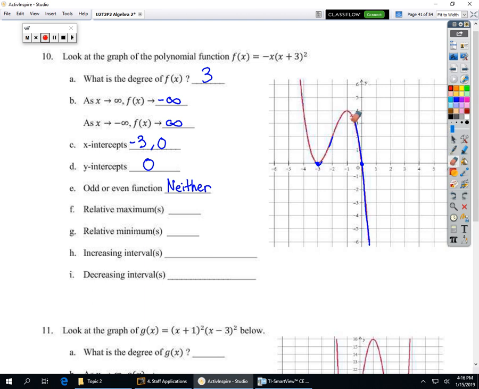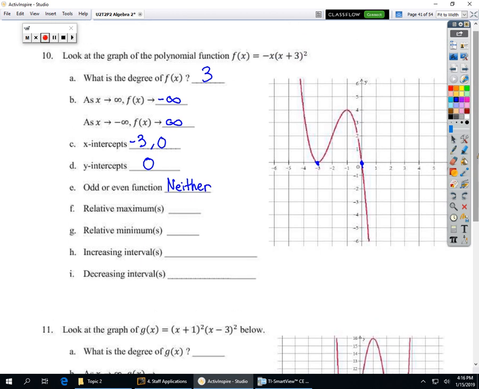So in order to be an odd function, it needs to look like I rotated the whole image upside down. If I flipped the whole image upside down, it would also appear here. So this is not symmetric about the origin. So it's just neither odd nor even.